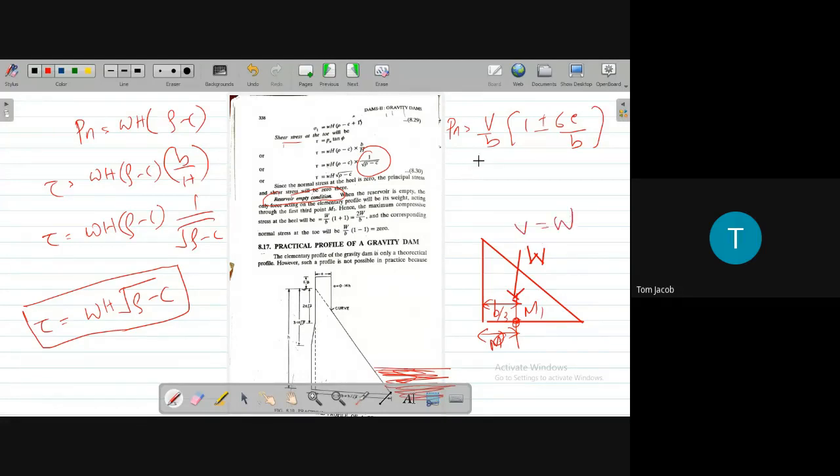Therefore V is the sum of vertical forces, so V is equal to W. W by B into 1 plus or minus 6 into eccentricity, which as we have said earlier is B by 6 itself, so B by 6 by B. Therefore, all of this cancels out. So Pn is equal to V by B into 1 plus 1.